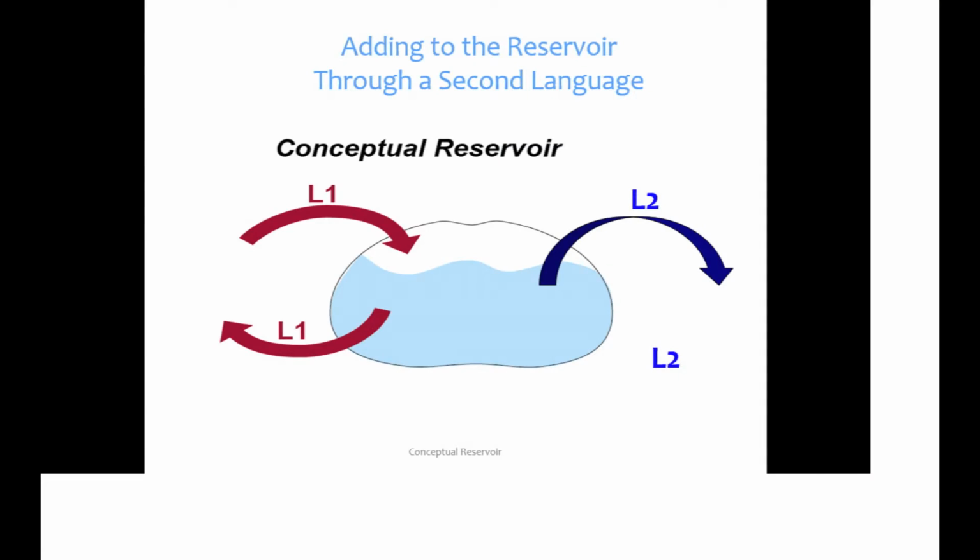A final aspect of the conceptual reservoir that is essential to the nature of bilingualism is the idea of transfer, cross-linguistic transfer, and translanguaging. Simply put, anything that you know in one language, you can learn to express through any human language.